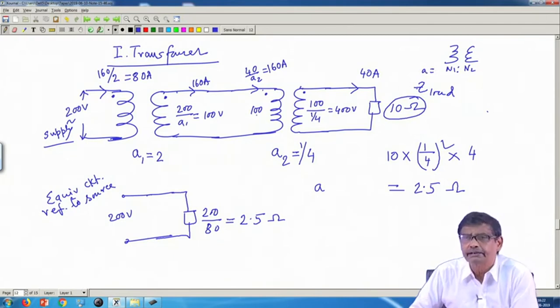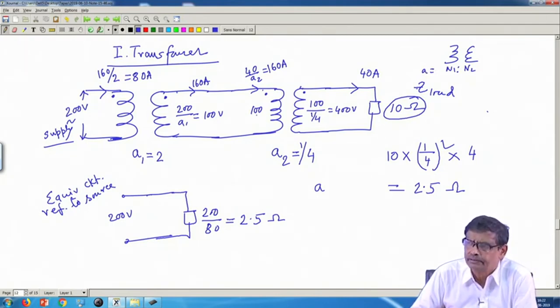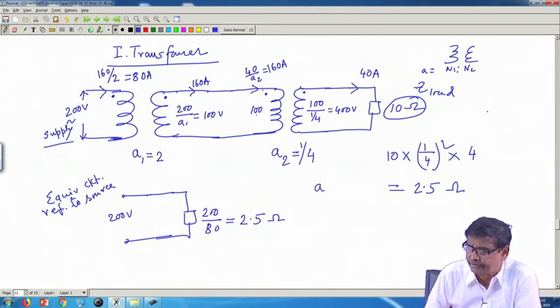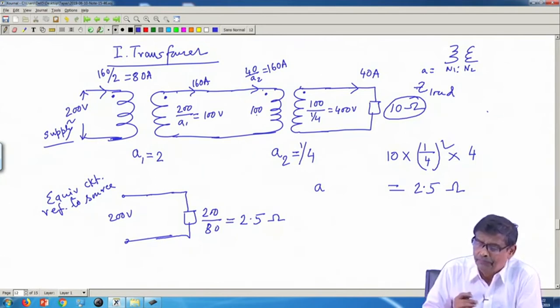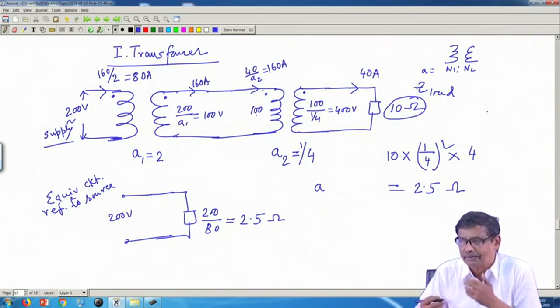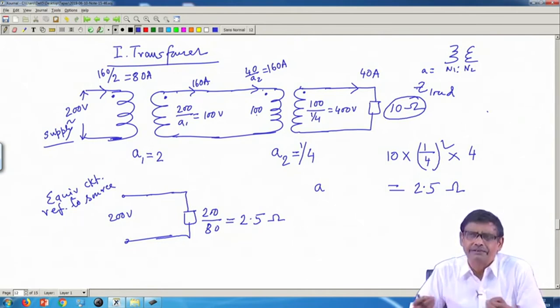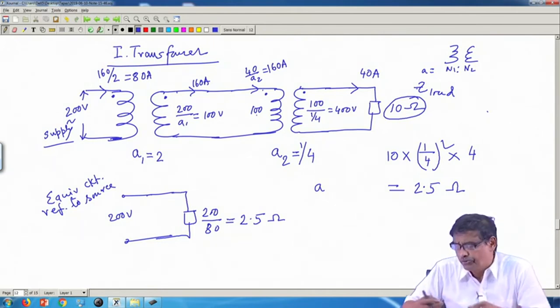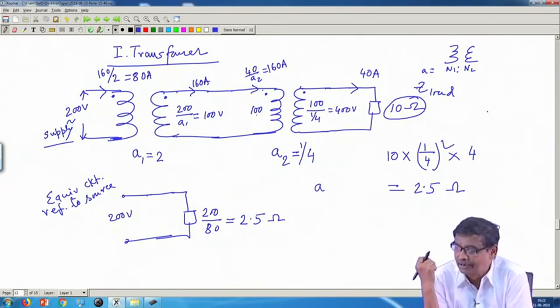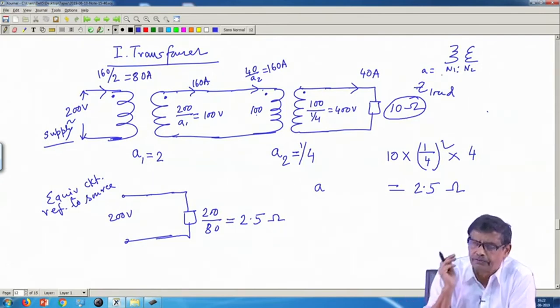It may be greater than or less than 1, depending upon whether stepping up, stepping down voltage, etc. Therefore, current should be divided by A, voltage should be multiplied by A. Students get sometimes confused while solving numerical problems. But what I am telling you, calculate this A turns ratio.